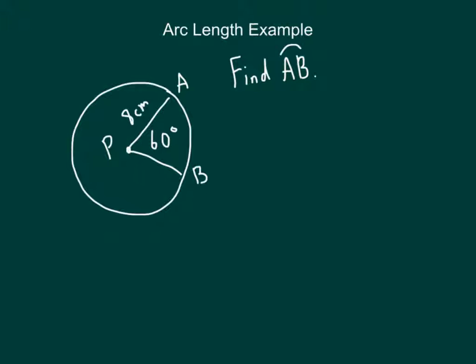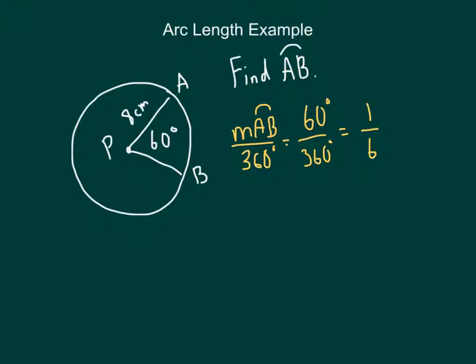So we're going to do the measure of the arc AB over 360 degrees, which is the arc AB is 60 degrees over 360. And this tells us that this arc, if we simplify it, is 1/6 of the entire circle.